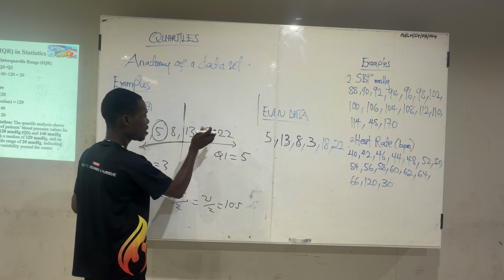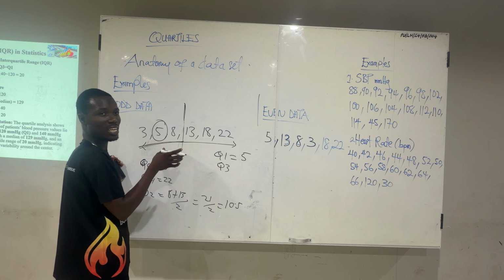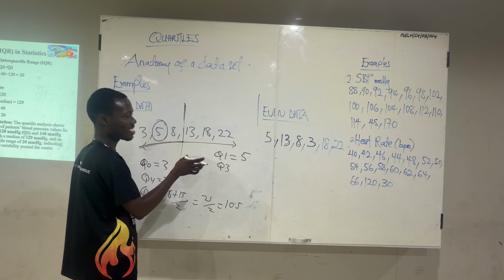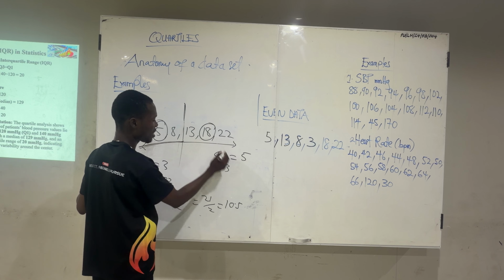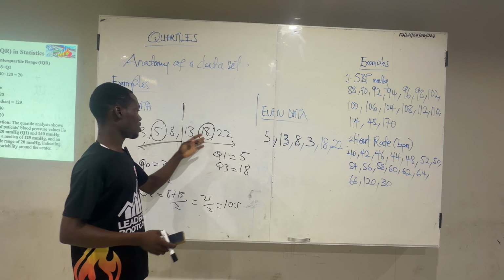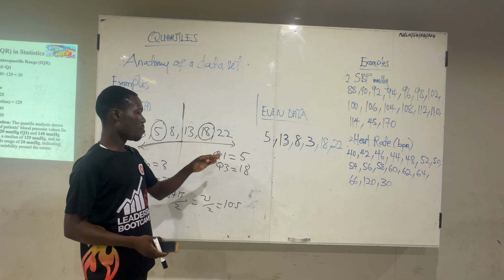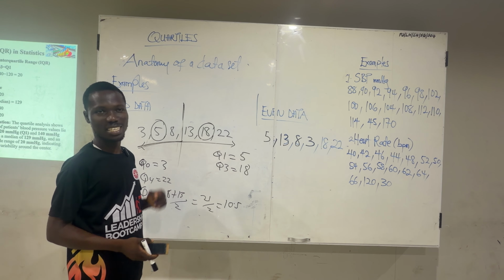Then the Q3 is simply the median of the upper half. So in that case, 18 becomes our Q3, which is the median of the second half of the data.